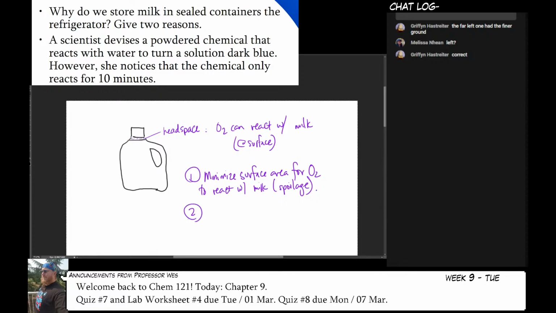And then the second condition is, well, if it's in the fridge, then the reaction between the oxygen and the milk is going to be very, very slow relative to what it would be at room temperature.